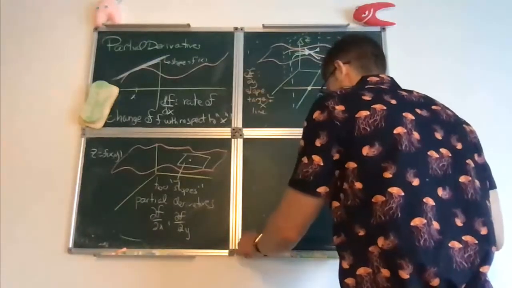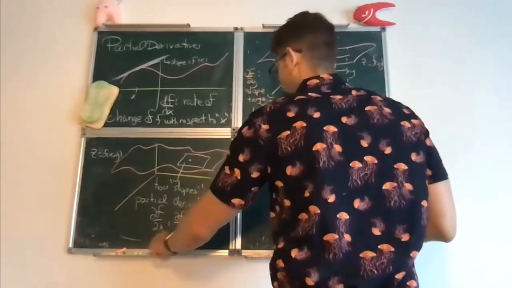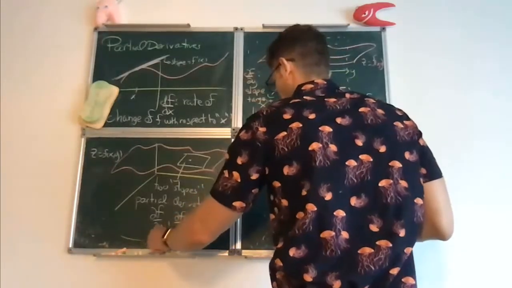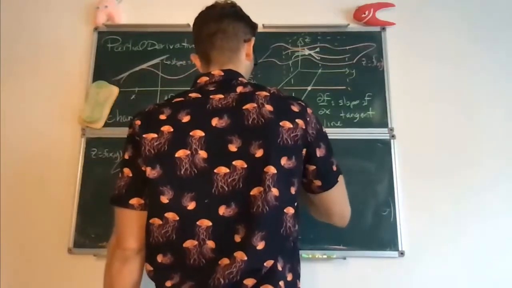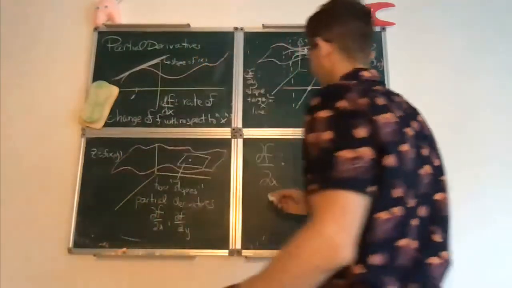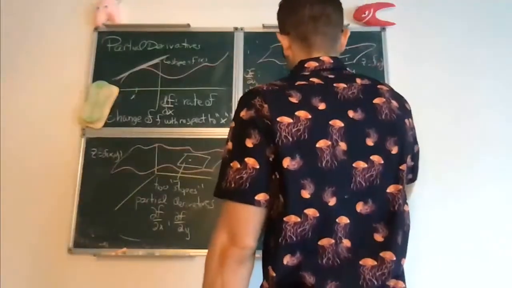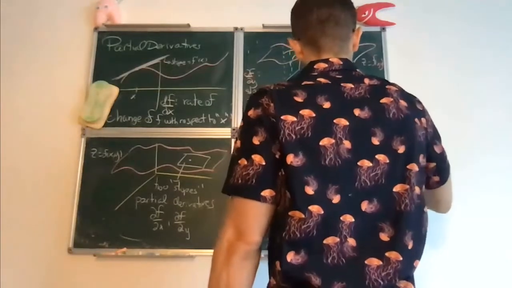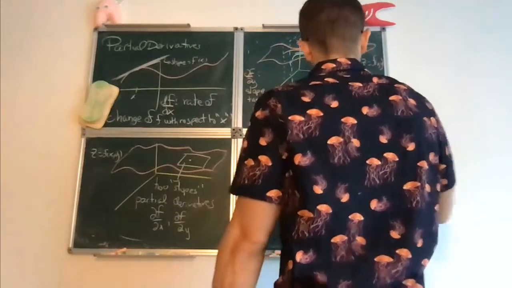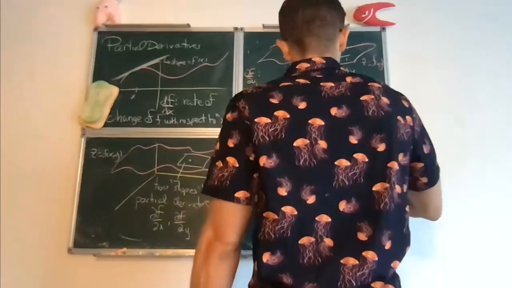So in other words, what I'm trying to say is that the partial of f with respect to x is the rate of change of f when only x varies.